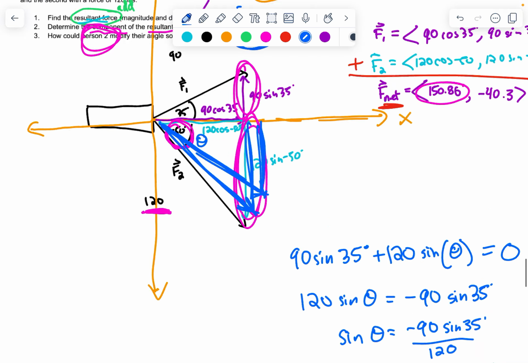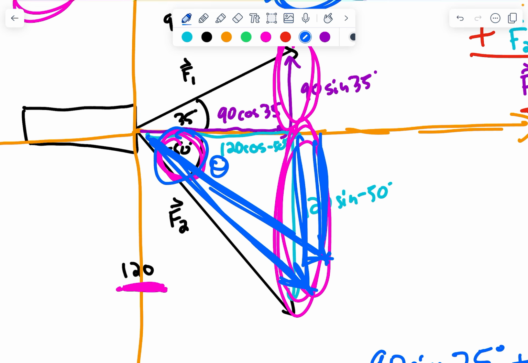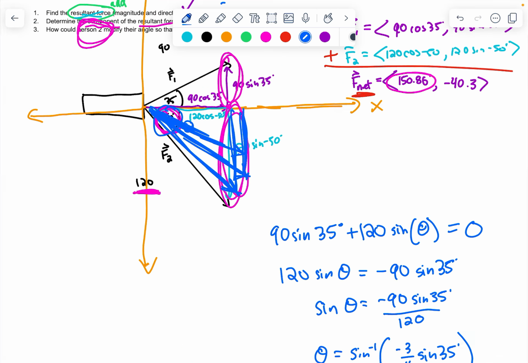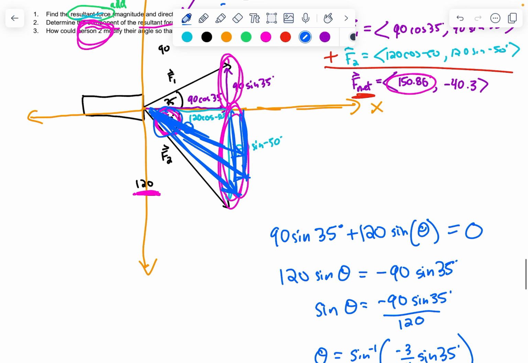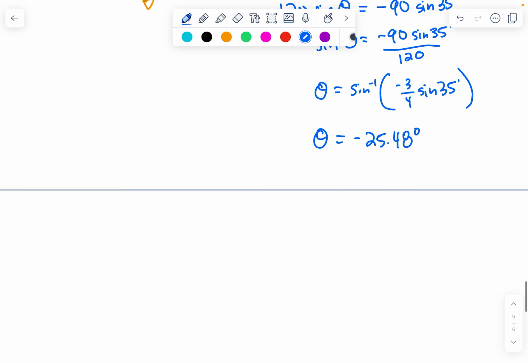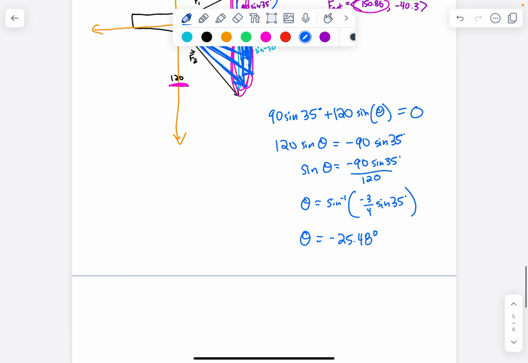We were at negative 50, we're bringing it back somewhat, now we're at negative 25. And that has shrunk our vertical component enough that it should balance this. Okay, we can even check that fact. Does 90 sine 35 balance versus 120 sine of negative 25.48?